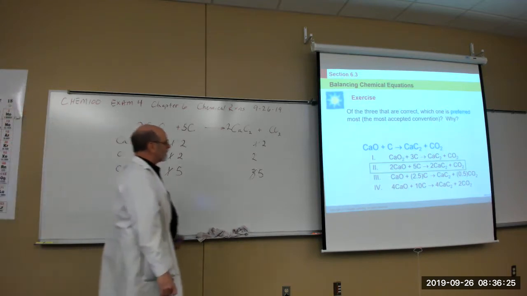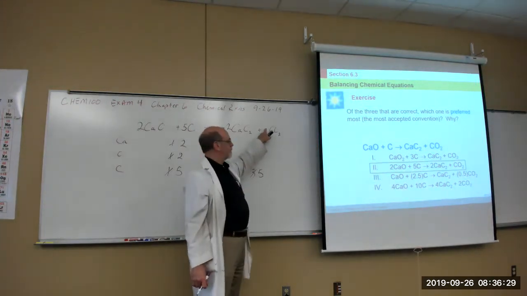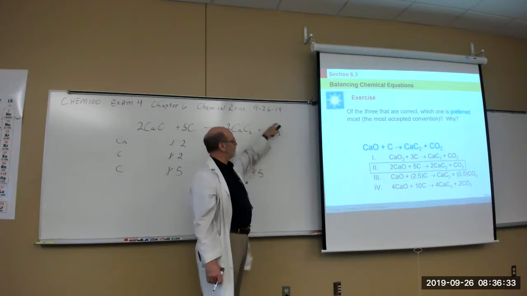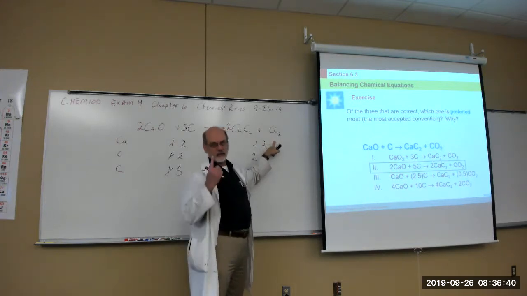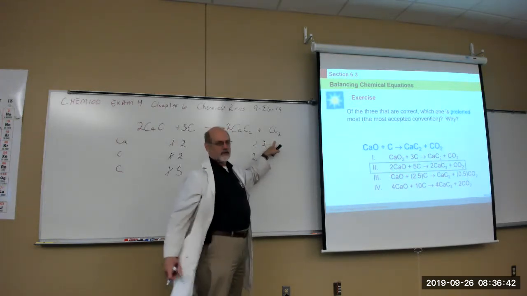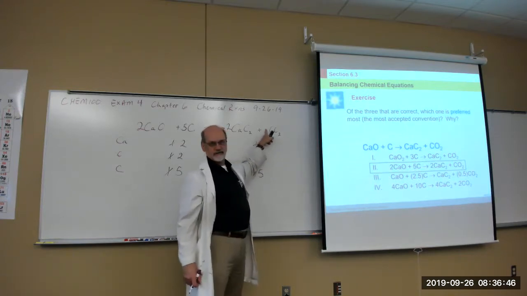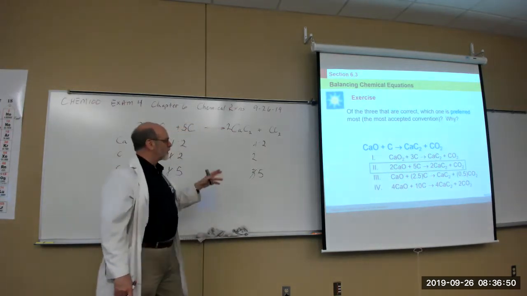And don't forget that there's an understood 1 here. If you've got the compound, you don't have to write the 1. But if you've got the formula for the compound, you've got to have at least 1. Otherwise, there's no sense in writing it. We wouldn't put a 0 here, because that means it doesn't exist. So don't forget that 1.